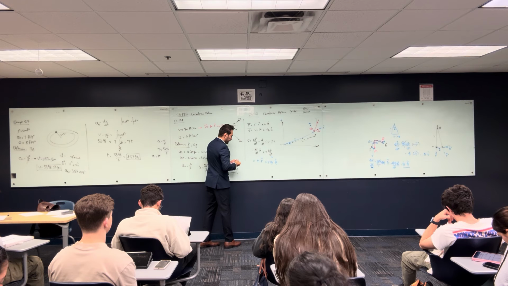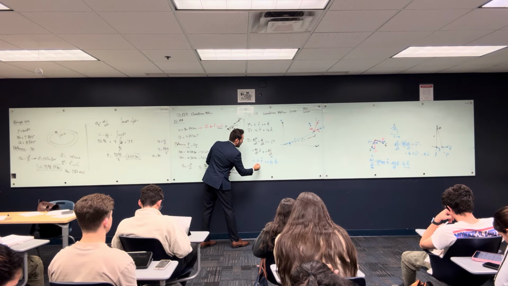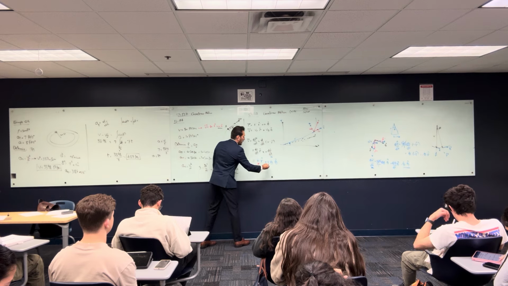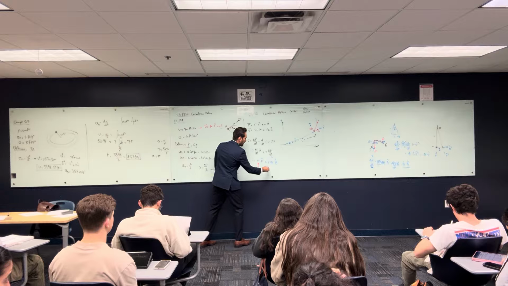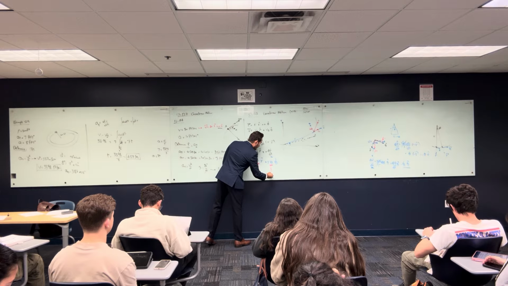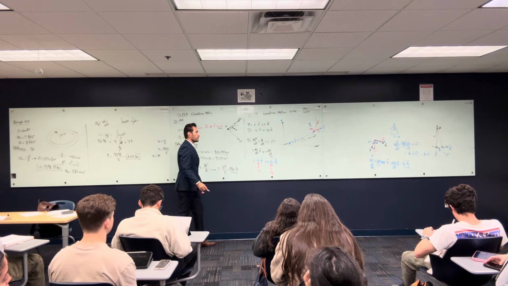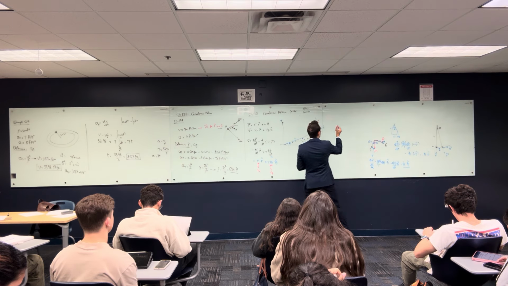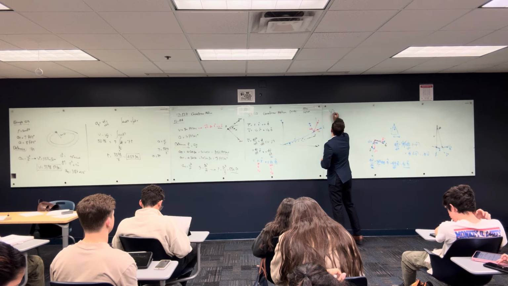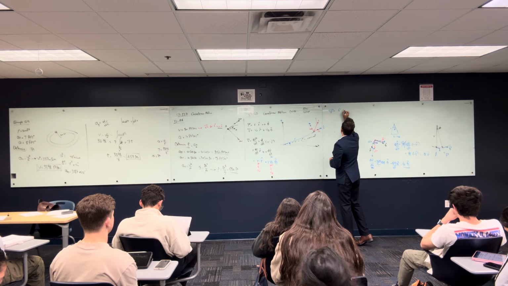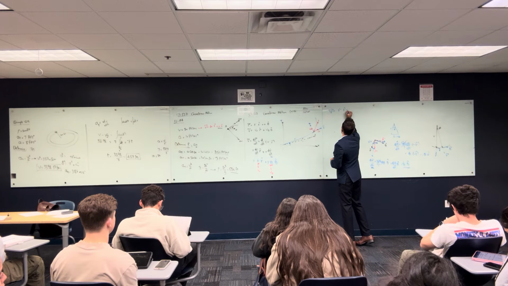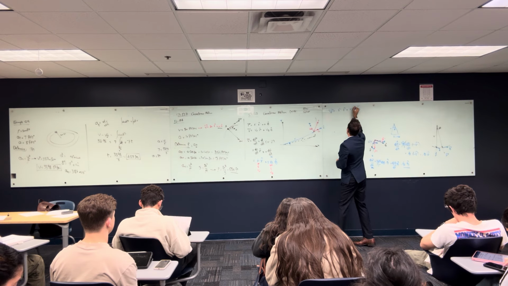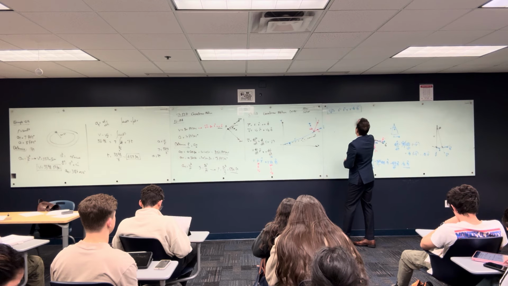So this is the magnitude of the velocity in the radial direction, and this is the magnitude of the velocity in the theta direction. So this is our first important rule: v is equal to r dot in the r hat direction plus r theta dot in the theta hat direction.